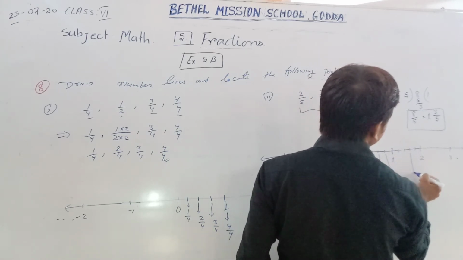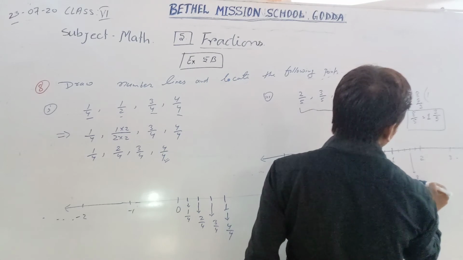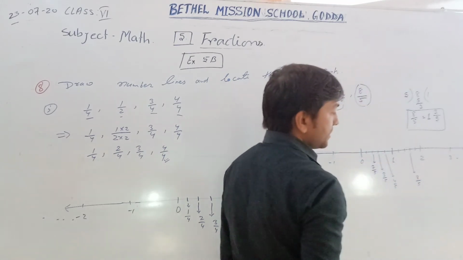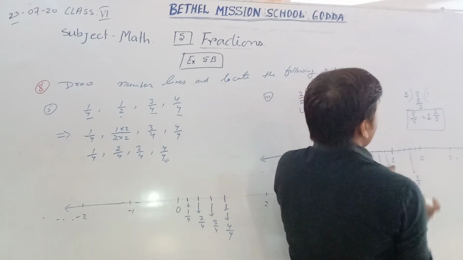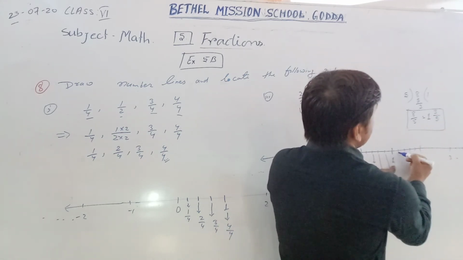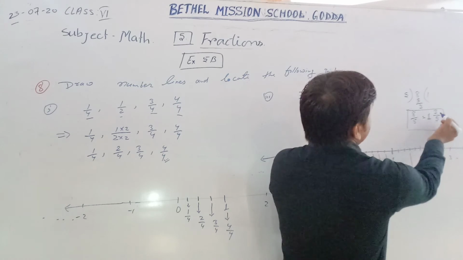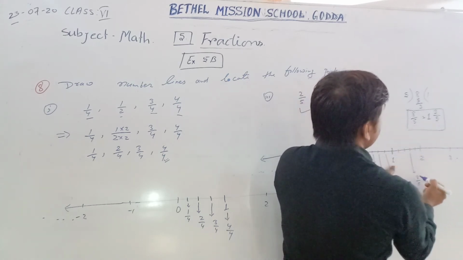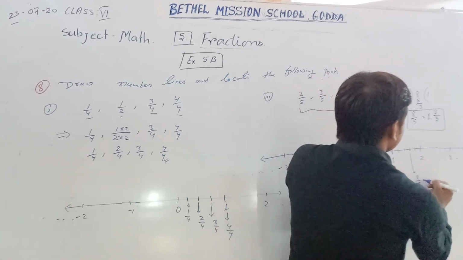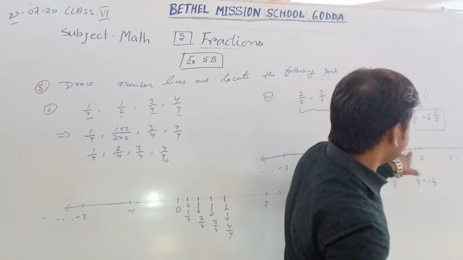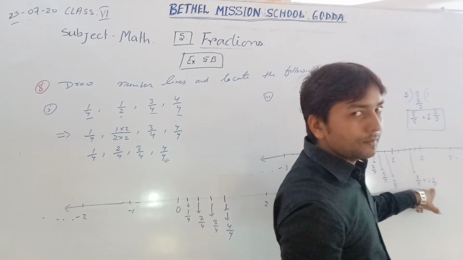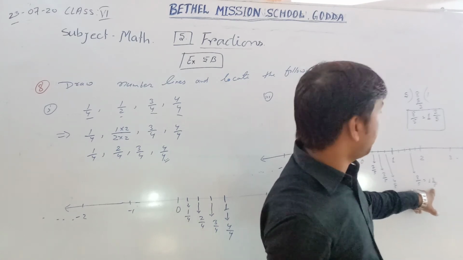This shows that 8 by 5, or you can say this is 1 and we have taken 3 parts: 1, 2, 3, 3 upon 5. This can be said as 1 and 3 upon 5. Okay, I hope you got it.